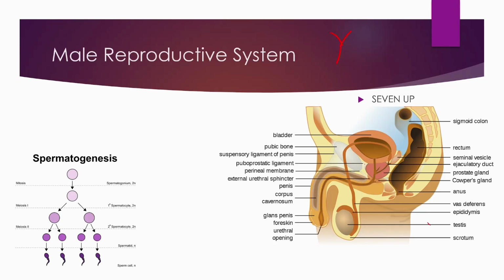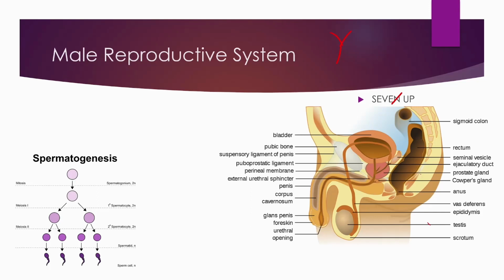After the ejaculatory duct, N stands for nothing. And then it'll pass through the urethra, right here, and then it'll exit out through the penis. I know I went a little bit fast there, so I'll say it one more time slowly. Seminiferous tubules, into epididymis, to the vas deferens, to the ejaculatory duct, to the urethra, to the penis.